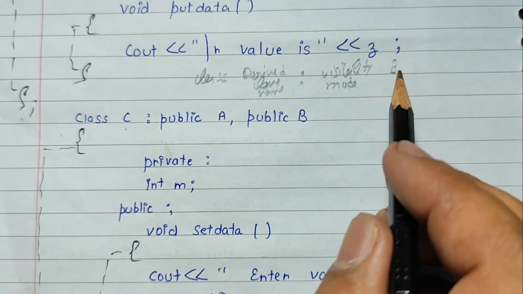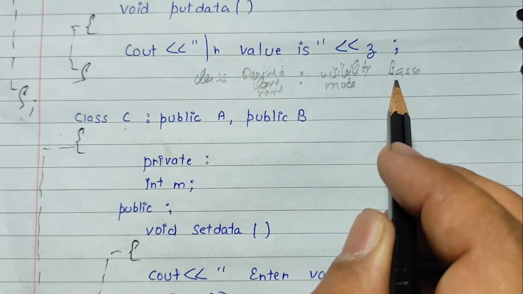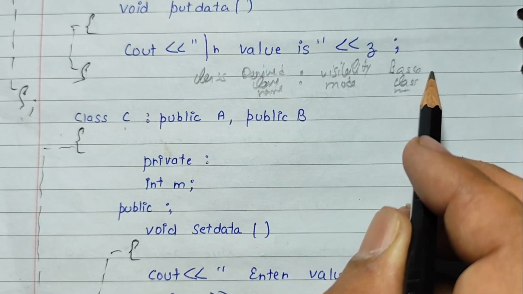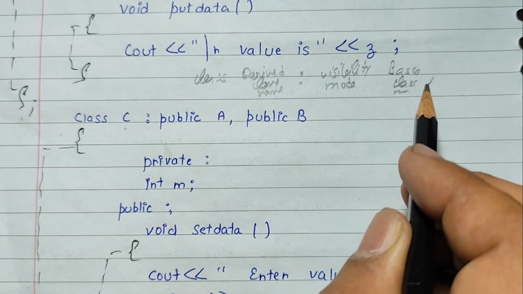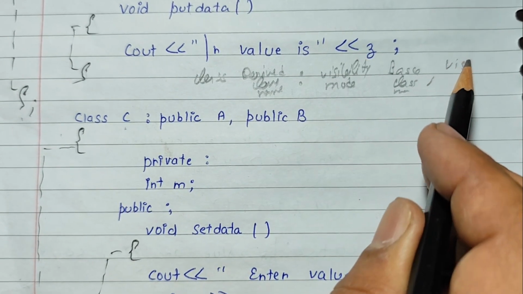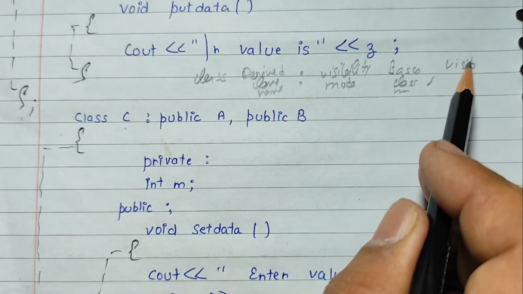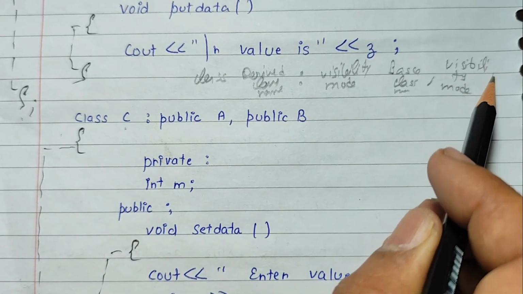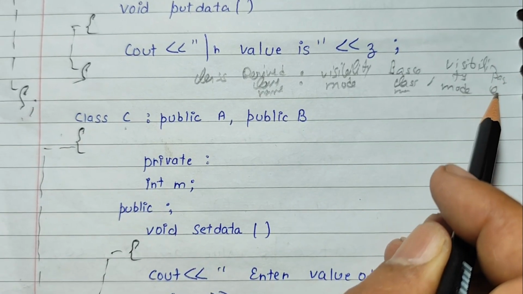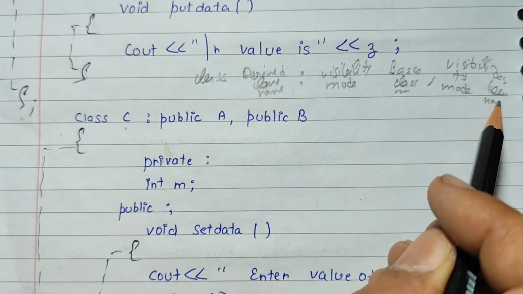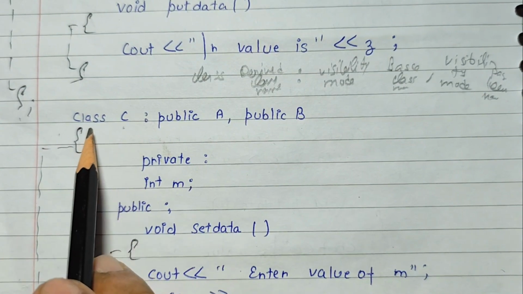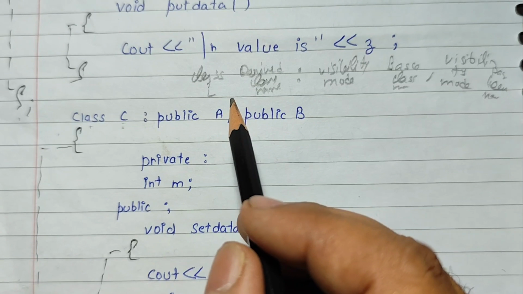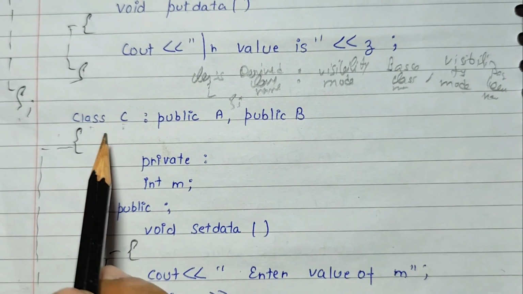After this, if you want to include another base class name, then comma, then visibility mode, and then the base class name. In this way. So here class is a keyword, capital C is the derived class name, then open the curly braces, close the curly braces, semicolon.